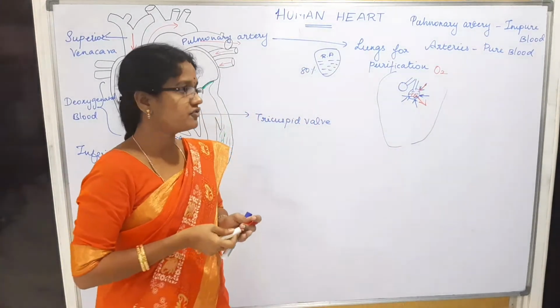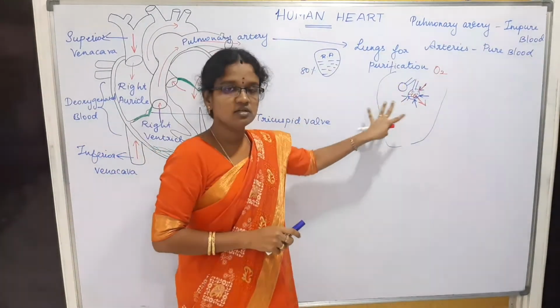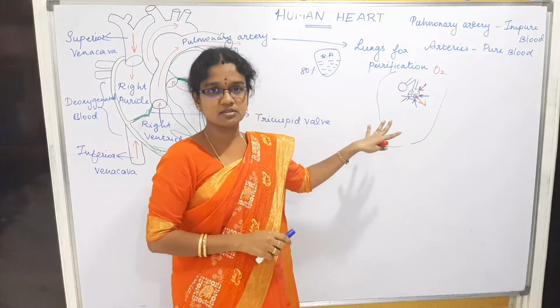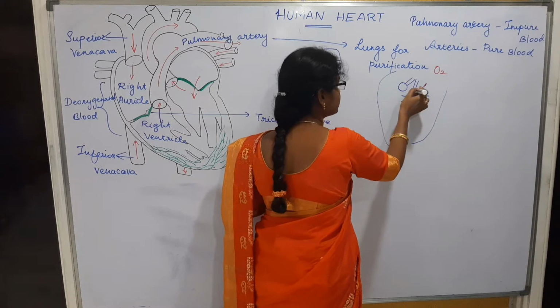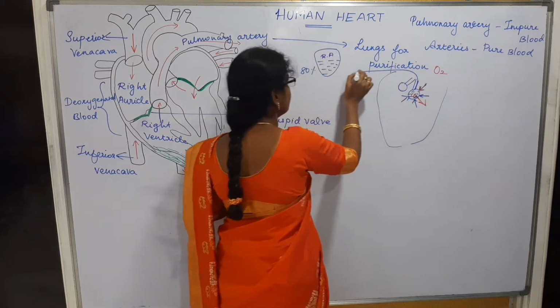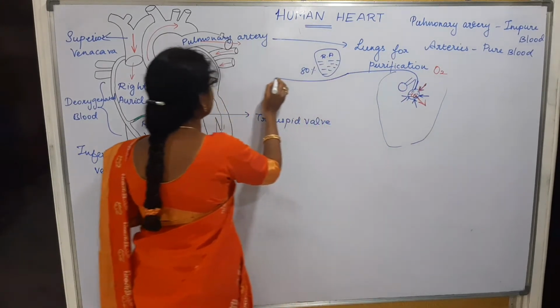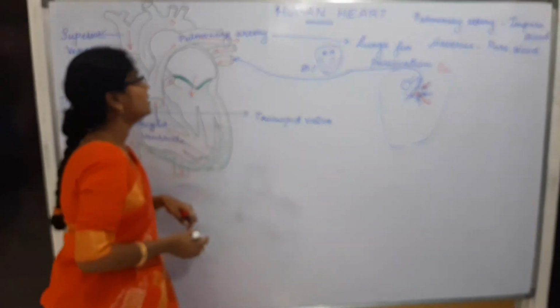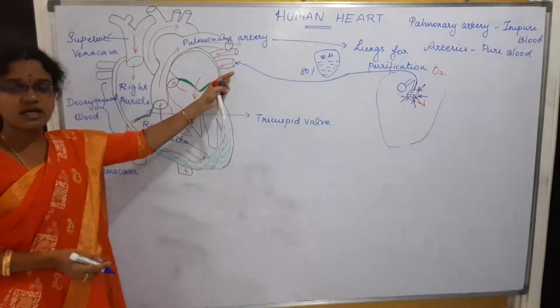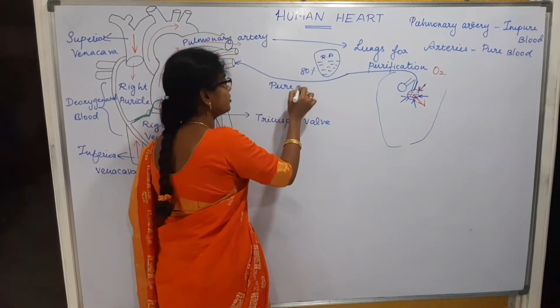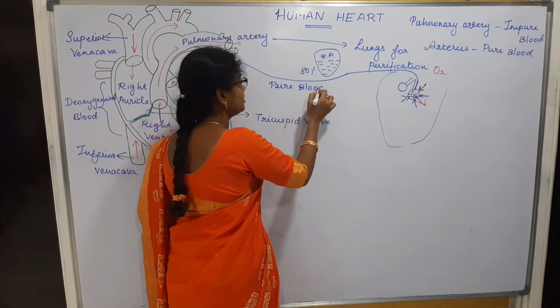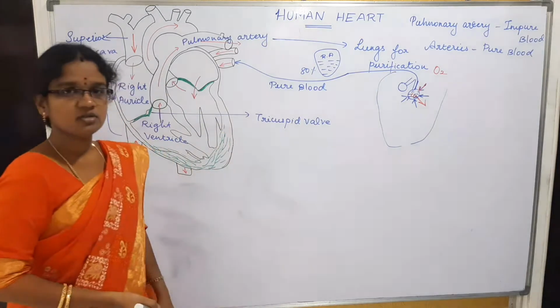Now, after the exchange of gas, the purification is completed, right? This purified blood goes again to the pulmonary veins. This is a purified form of blood, that is the pure blood or the oxygenated blood, right?